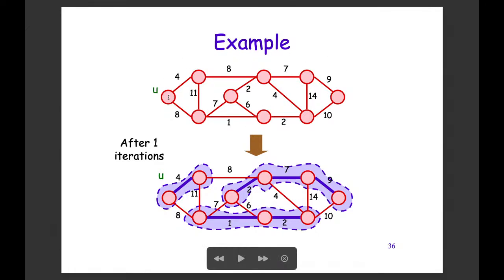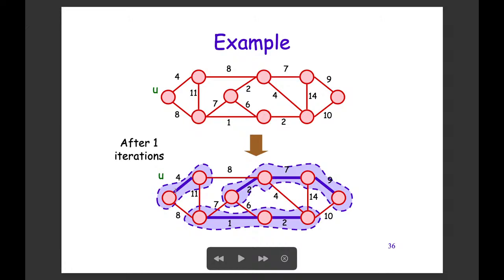And then for each vertex, we find out the shortest edge connecting to it. So U will find this edge. This vertex will find this edge. This vertex will find this edge, and so on and so forth. And then after one step, we find the smallest edge connecting to each vertex, and then we will contract these connected components together.